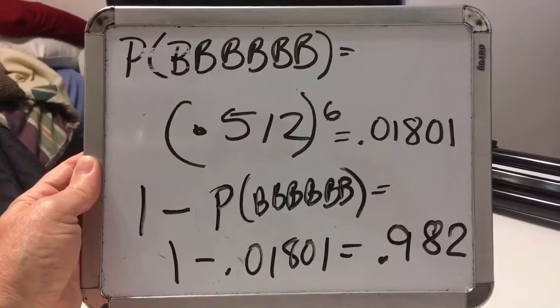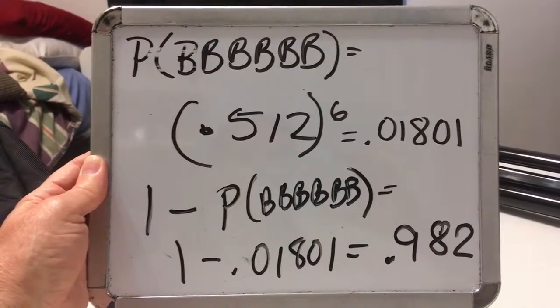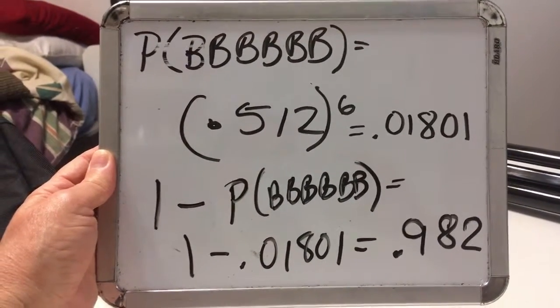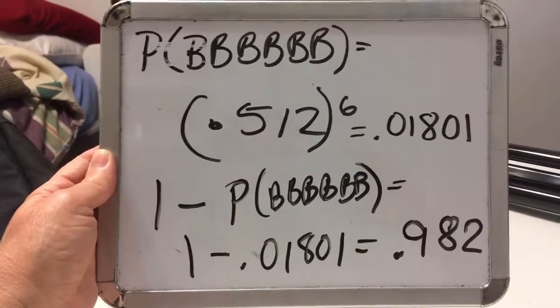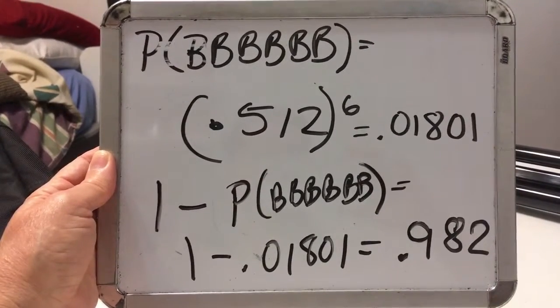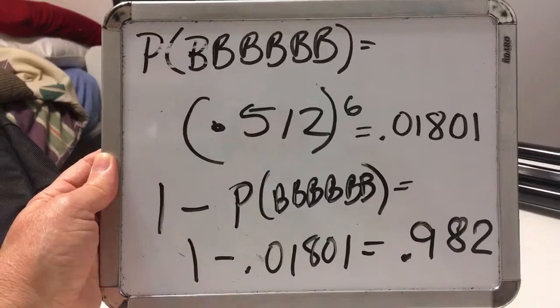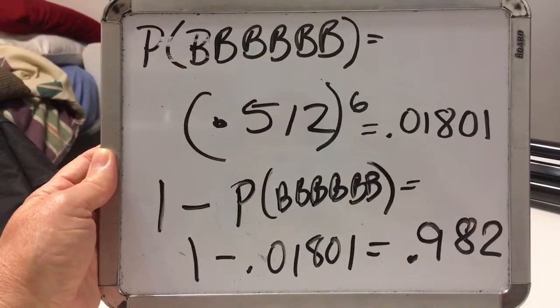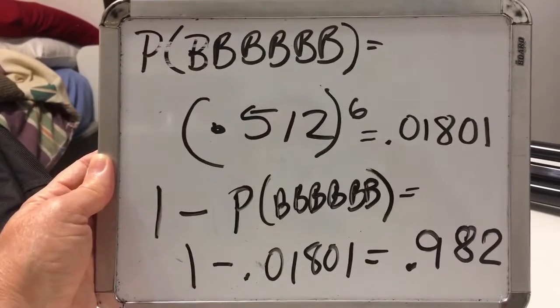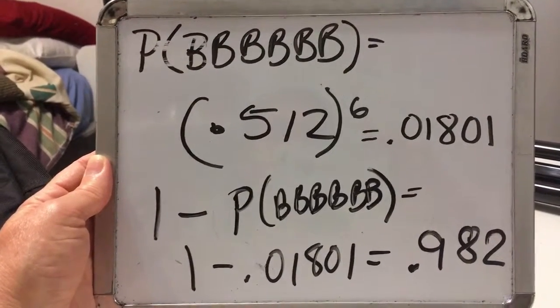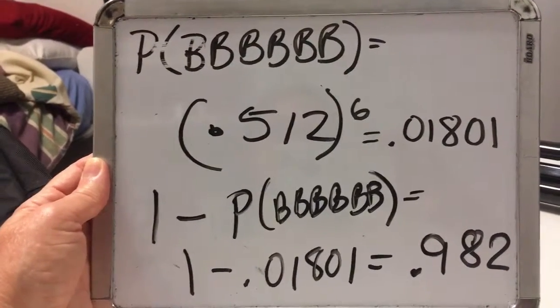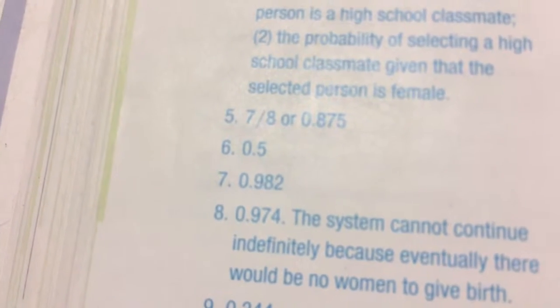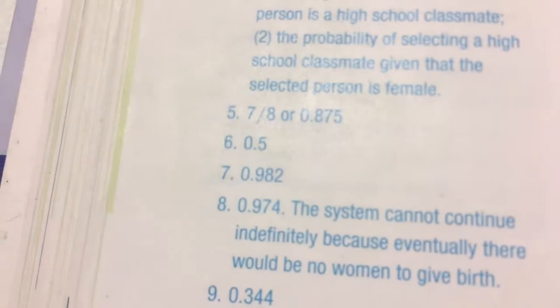We end up getting 0.01801 when we do that math, and then we take that away from 1, and we end up getting 0.982. So we have a very high probability that at least one will be a girl. And that is all there is to problem number 7. The answer in the book just says 0.982.